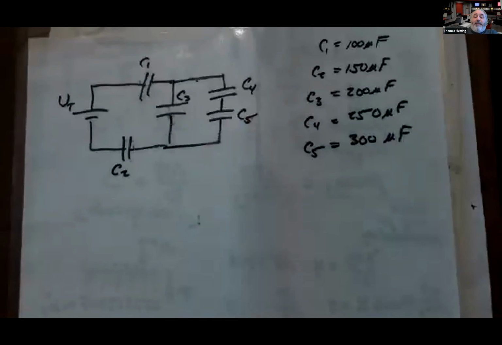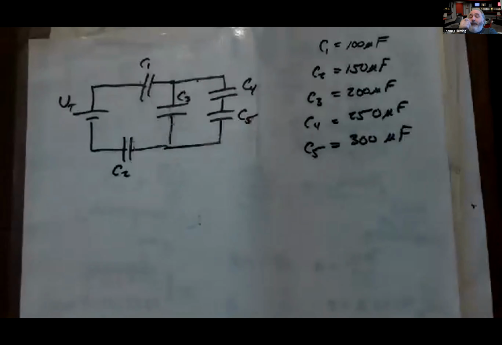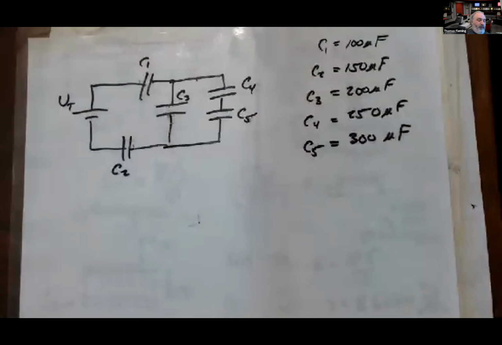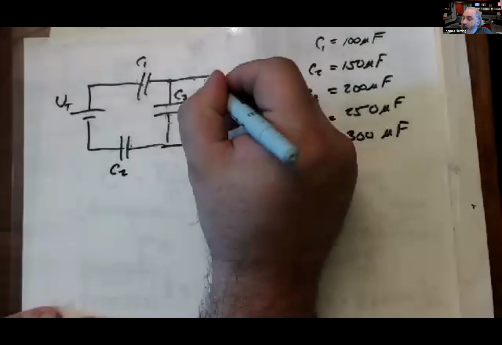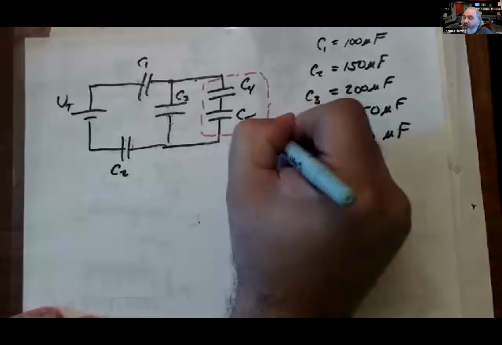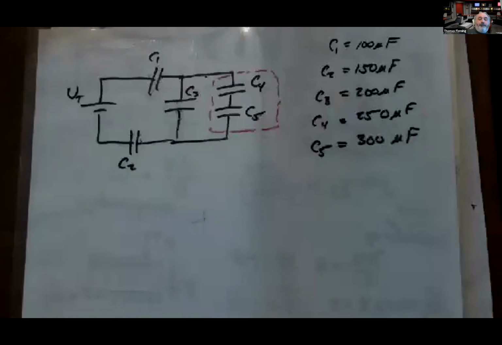So what I would do if I was reducing this down to the equivalent capacitance is I would break this problem up into a bunch of little tiny mini problems. The first thing I would do is combine these guys and turn that into one big capacitor.